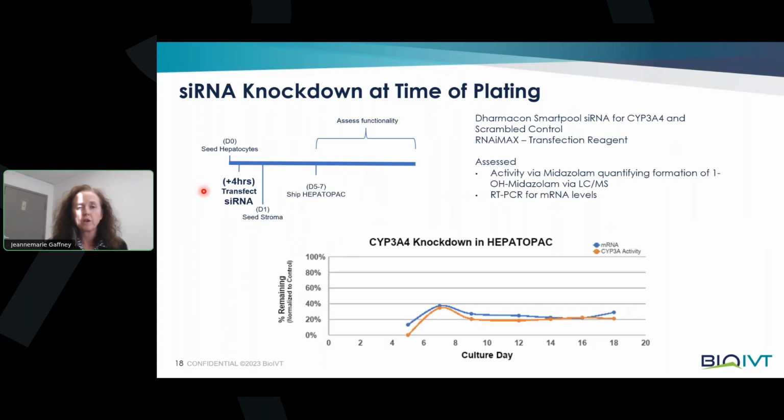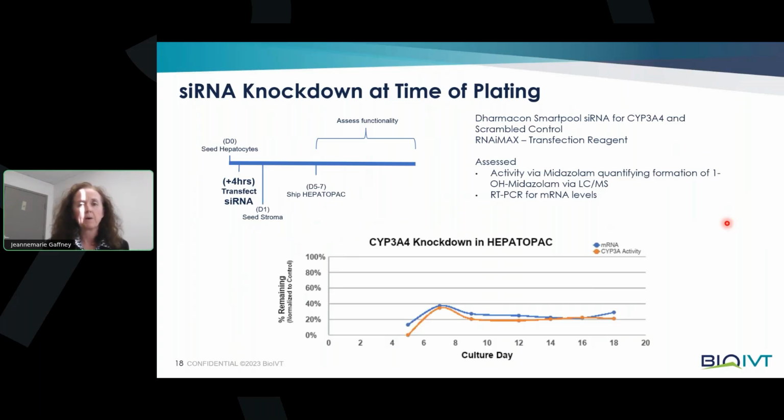When we were doing transfection for the reaction phenotyping, we want to be targeting just the hepatocytes. So that siRNA knockdown occurs on day 0 of culture when just the hepatocytes are present. This is an example of some of our early work targeting 3A4.